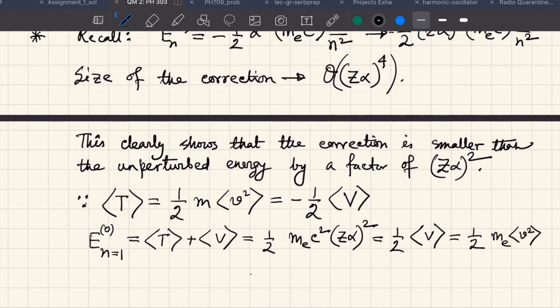So this immediately implies that expectation value of the velocity squared is nothing but z alpha whole square times c square.